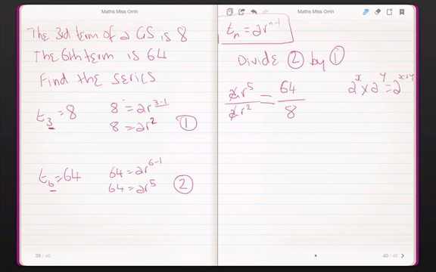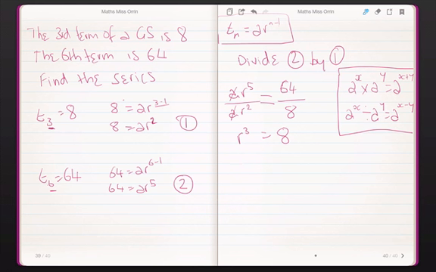Well, another index law, which I presume you've forgotten, is that if we have a to the power of x divided by a to the power of y, we get a to the x minus y. So we just subtract the two powers. We're left with r to the power of 3, because 5 minus 2 is 3, and 64 divided by 8 is 8.